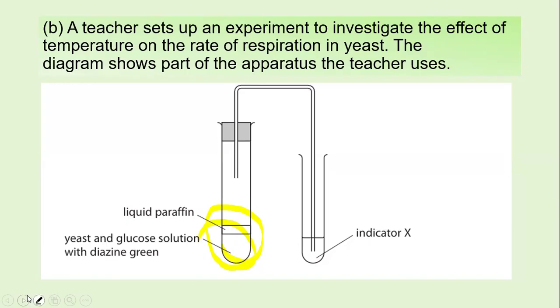Not only that, we have to measure the temperature as well, so we need a thermometer. And we are measuring how quickly this indicator changes its color, so we have to measure time, and for that we need a clock watch or timer. So you can write all those apparatus.